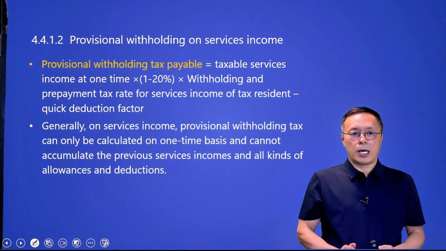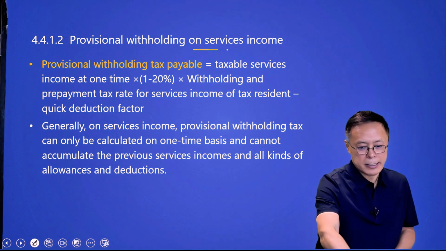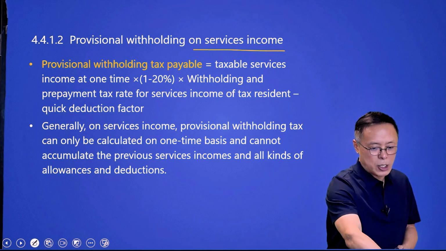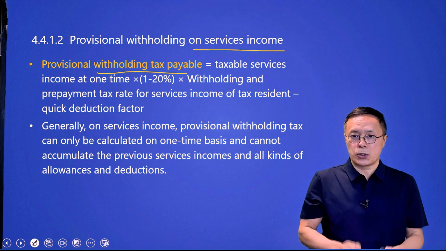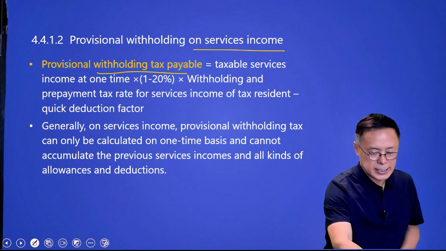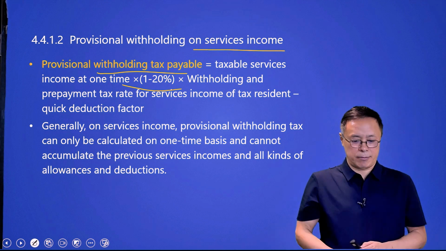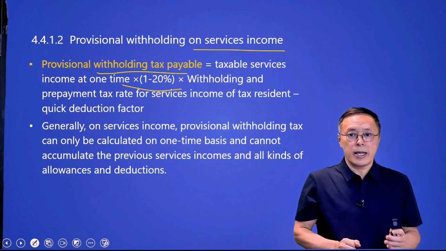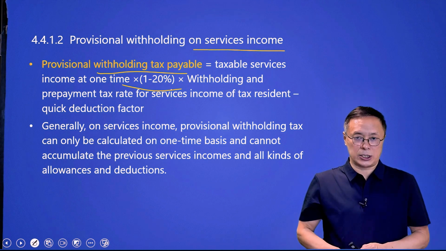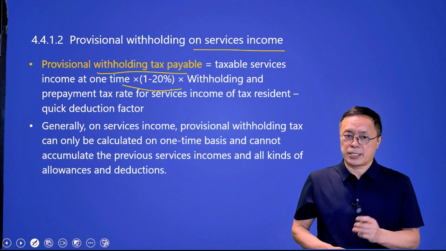Now we talk about the provisional withholding on services income. Here is the formula. Provisional withholding tax payable equals taxable services income at one time less 20% deduction, times the withholding and prepayment tax rate for services income of tax resident, minus the quick deduction factor.